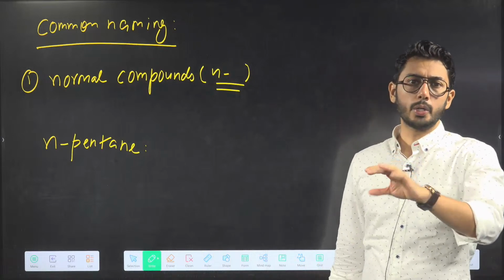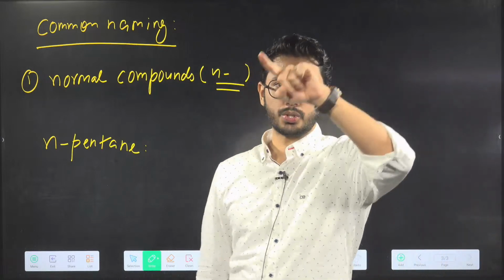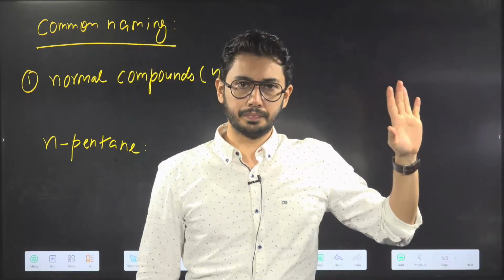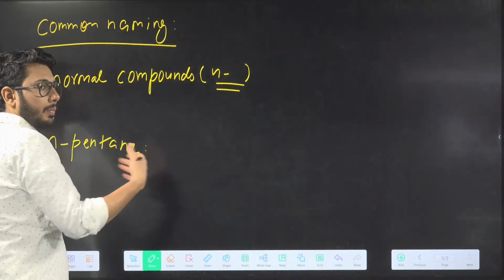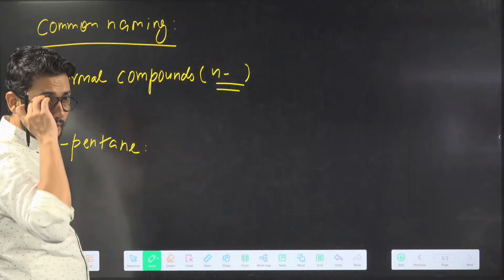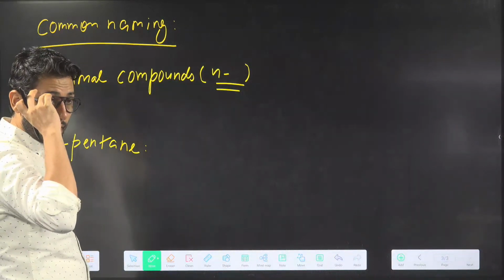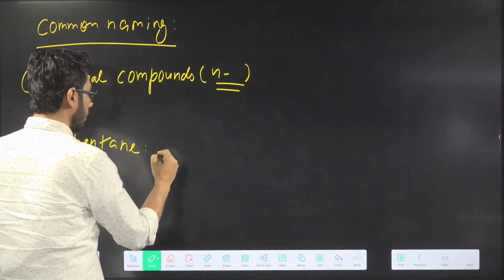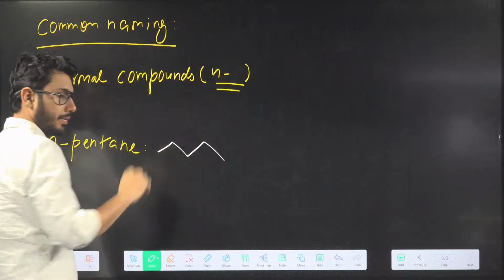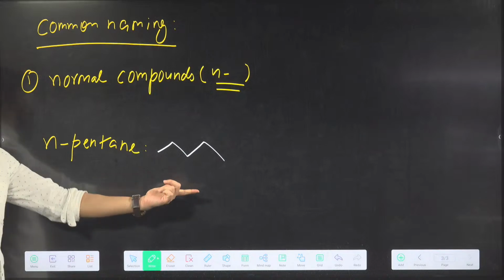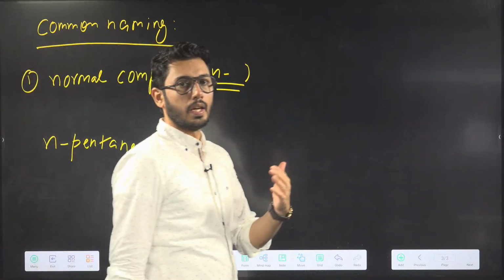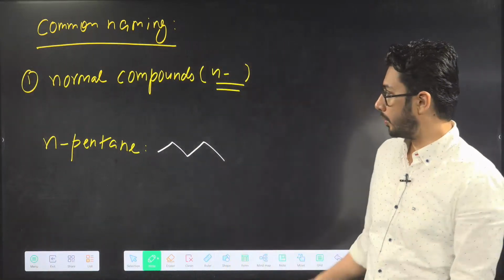So N compound you will understand by which way? Straight chain of carbon, that's it. So N-pentane means you will write this term. That's it, completed. Only straight chain or linear chain of the carbon. This is normal or N compound.